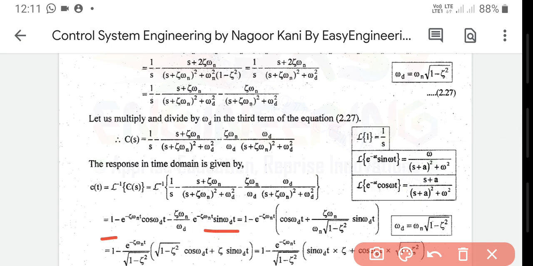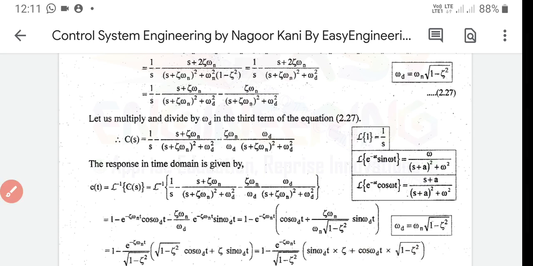Okay, now after doing this, you are considering the common part as 1 minus e power minus zeta omega n into t. So what is the common term? Cos omega d t plus zeta omega n by omega n into square root of 1 minus zeta square into sin omega d t.